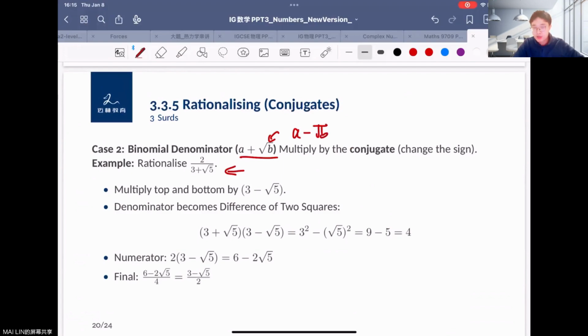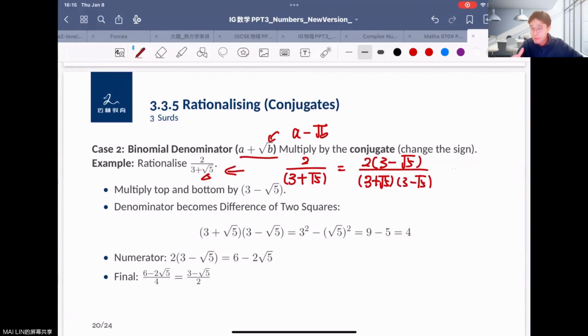So if we have 3 plus square root 5 under the fraction, we can use the conjugate to multiply it. So we change this to 2 times 3 minus square root 5, and under the fraction it is 3 plus square root 5 times 3 minus square root 5.